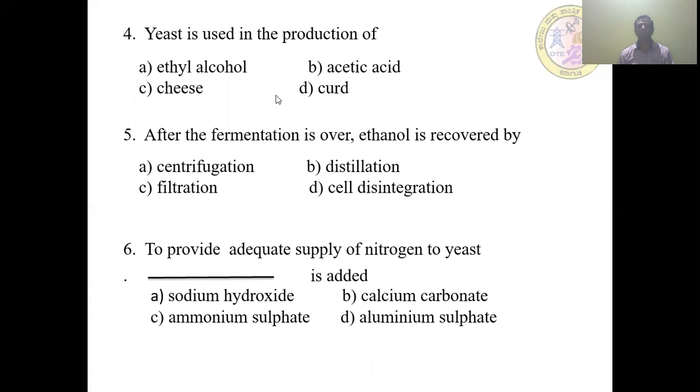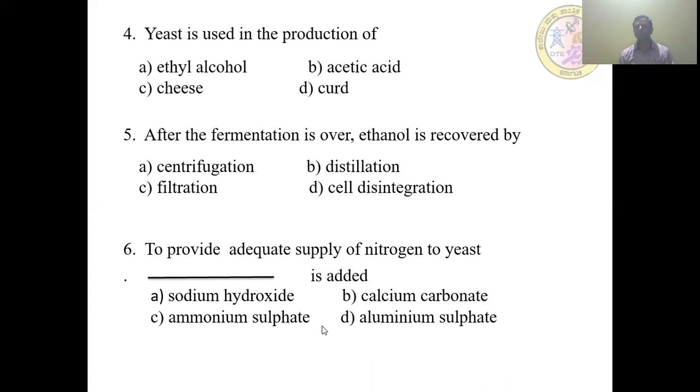Yeast is used for the production of ethyl alcohol. After fermentation, ethanol is recovered by distillation. To provide an adequate supply of nitrogen to the yeast, we add ammonium sulfate.